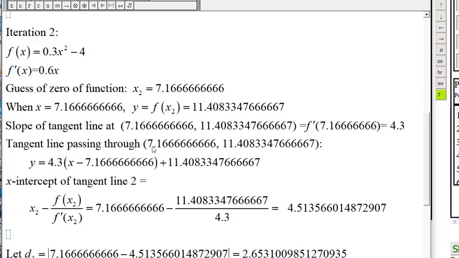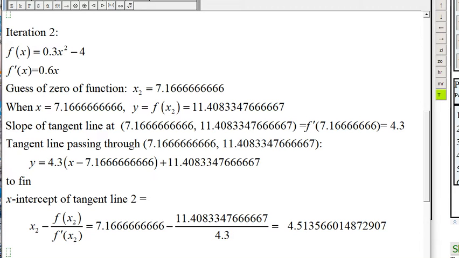The tangent line passes through this point and has a slope of 4.3, and therefore the equation of the second tangent line is 4.3 times x minus 7.1666, plus 11.4. And now we want to find the x-intercept of the second tangent line.